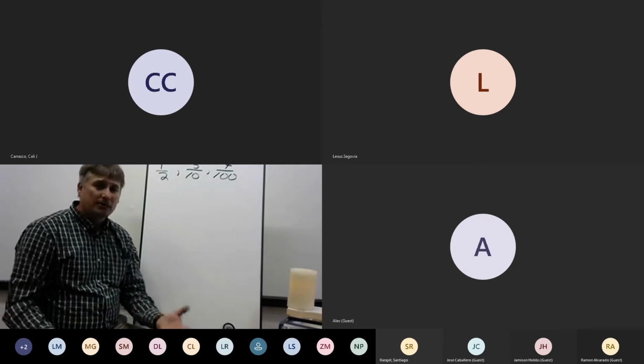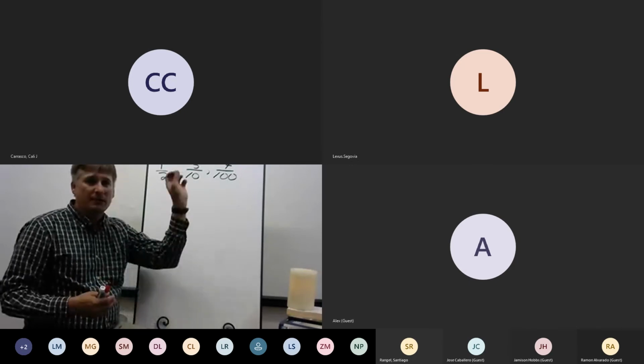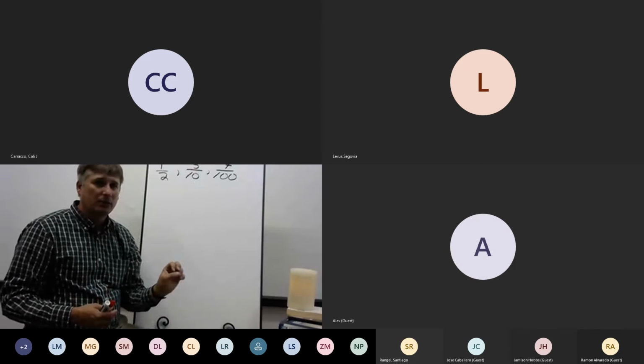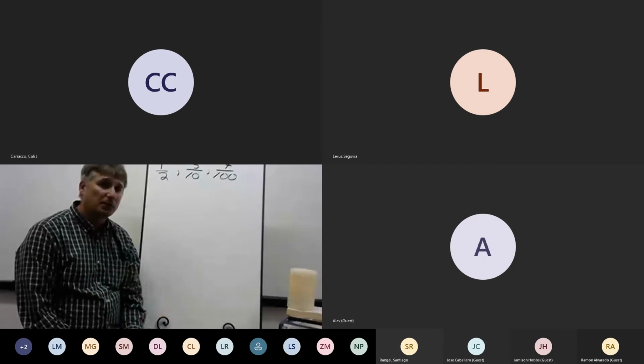Now, we talked about this math trick where it's okay to divide the top and bottom of a fraction by the same number. You can do the same thing with multiplication.